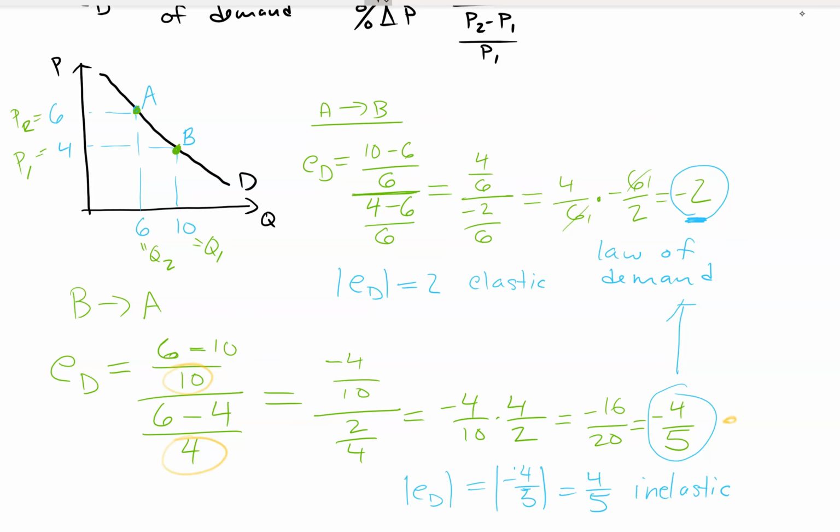The same thing happens when we go from a high price to a low price, like we did from A to B. The top part is the same: the quantity changed by 4 and the price changed by 2, but the calculation for elasticity will end up different. Many people find this not very satisfying.